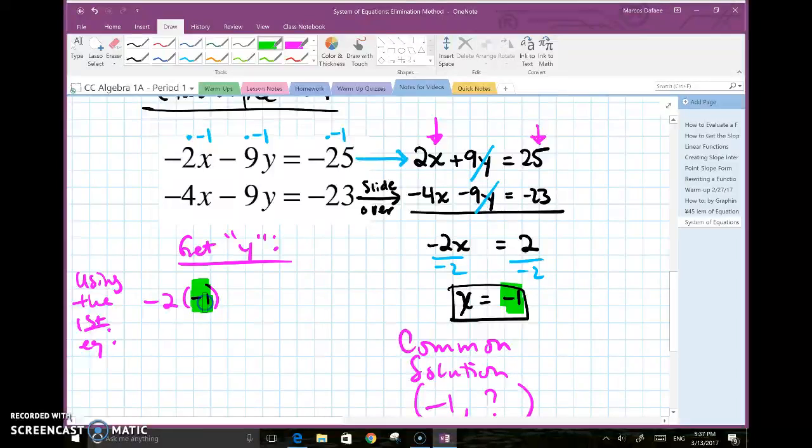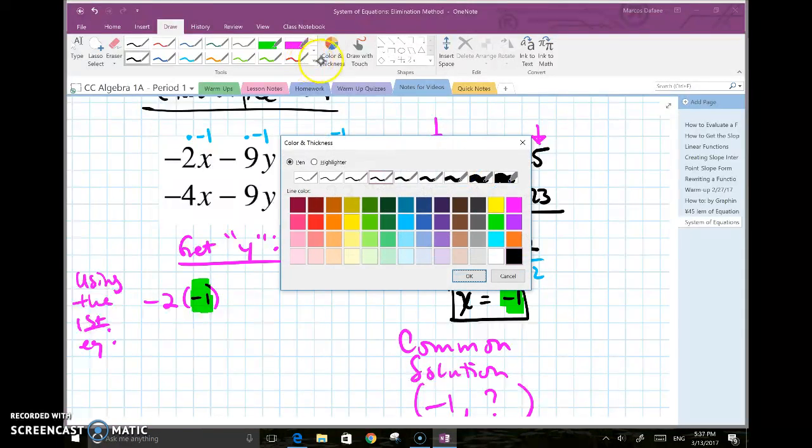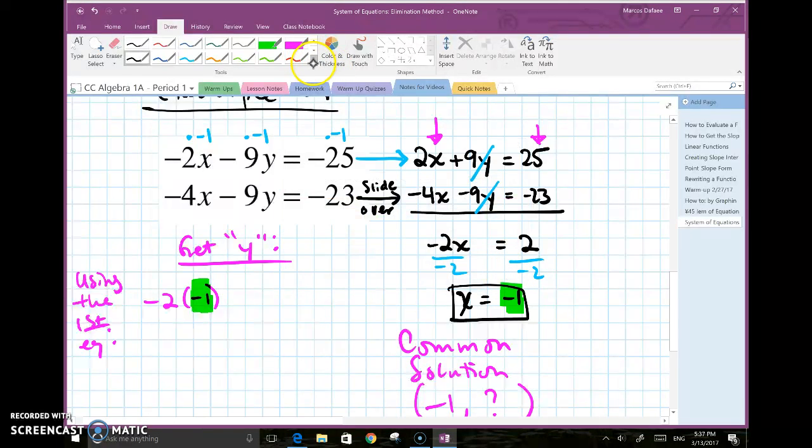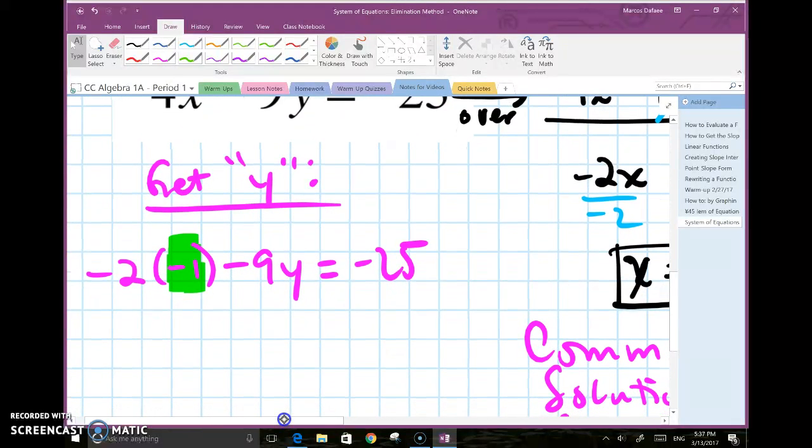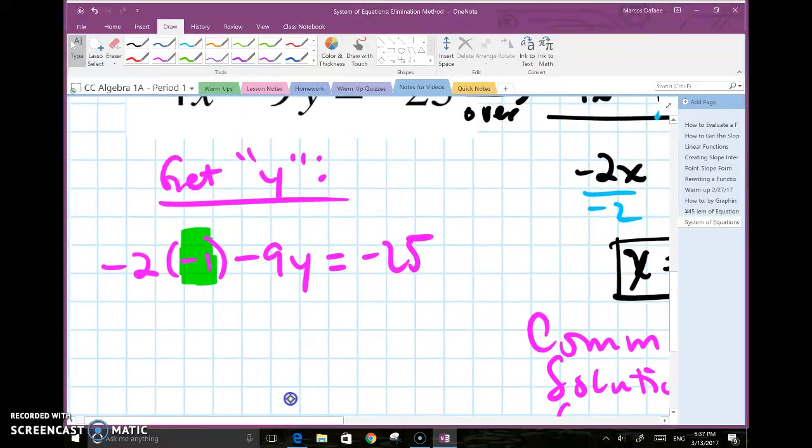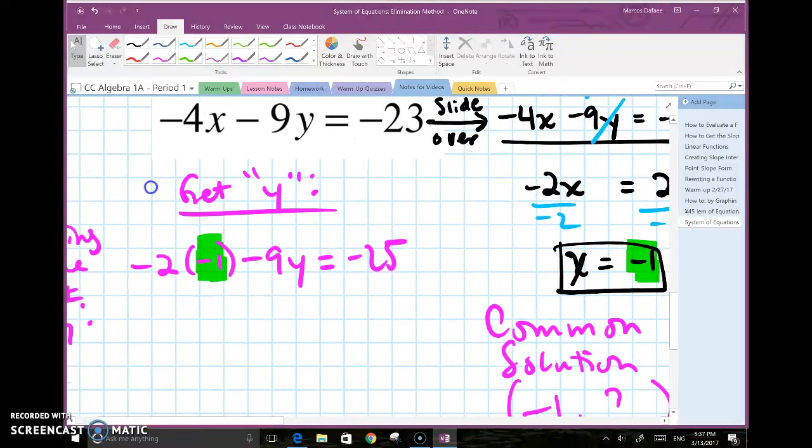It's now right there. And then it's negative 2 times negative 1 minus 9y equals negative 25. Now, if you notice carefully, I only have one type of variable here to solve for. So that makes this work super, super simple.